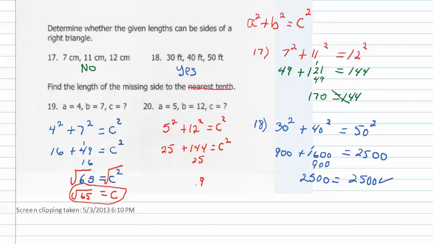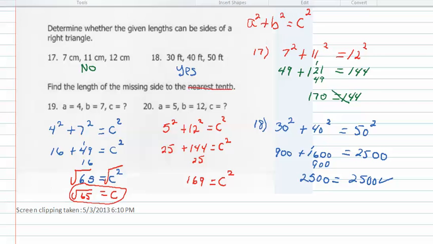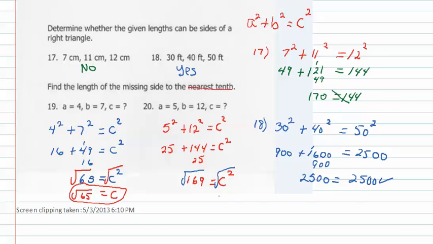So we got 169, and that is c squared. Take the square root of both sides. So if I take the square root of c squared, I get c. And the square root of 169 is 13. You should know that one. That one's pretty common. And that is my answer for number 20.